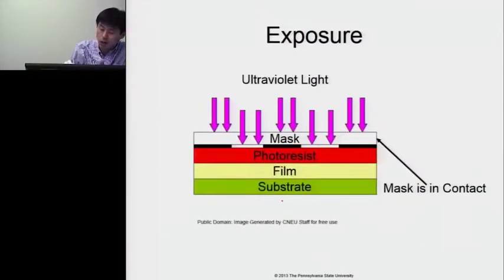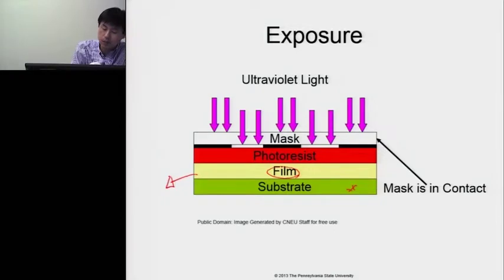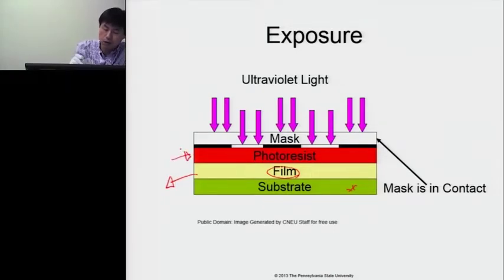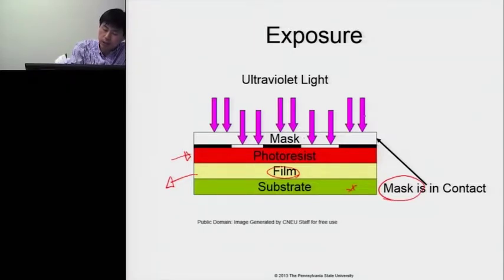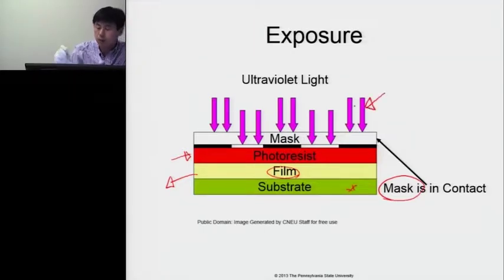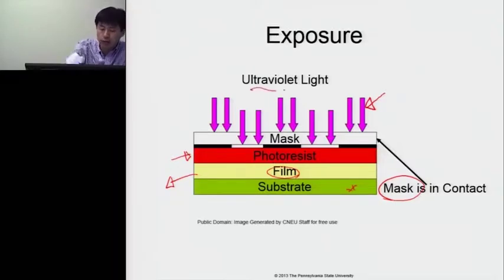So we have a substrate, we might have some kind of film processed from earlier steps, and then this is the photoresist we just coated and soft baked. And then we put the mask directly touching the photoresist, and this pink color is the UV light.